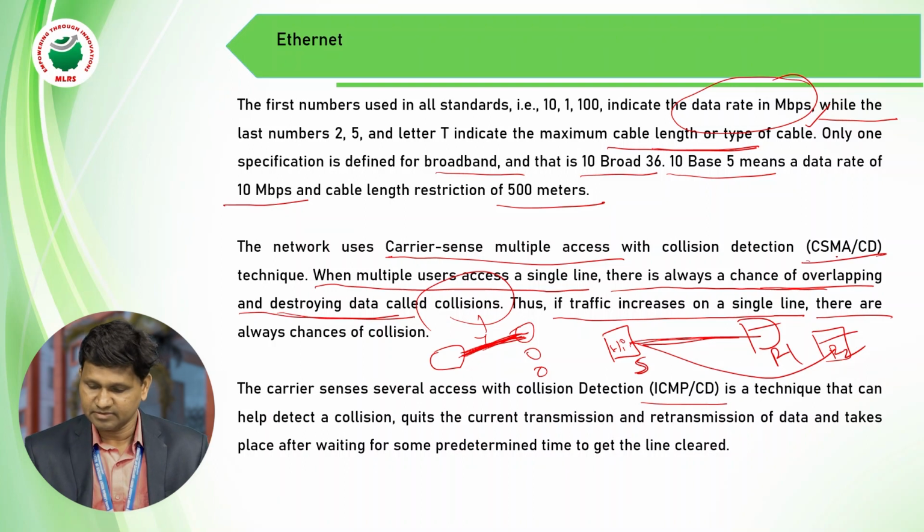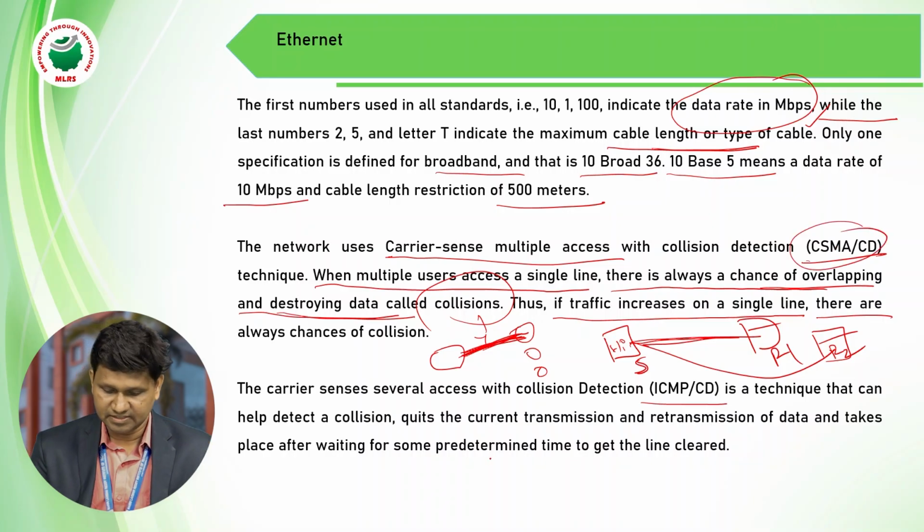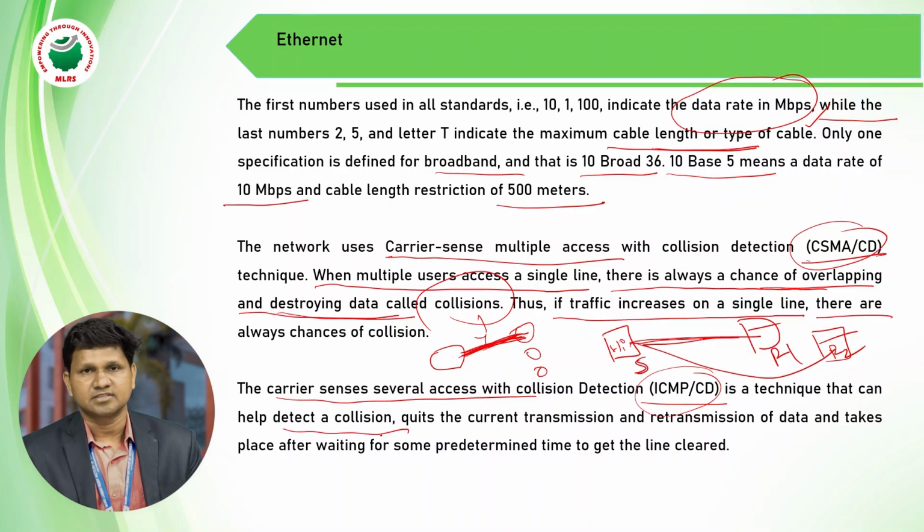Before this, I discussed CSMA/CD. Carrier sense multiple access with collision detection is a technique that can help detect a collision. Suppose we lose the data while transferring, then and there we have to resend the data. Which technique do we use for resending?